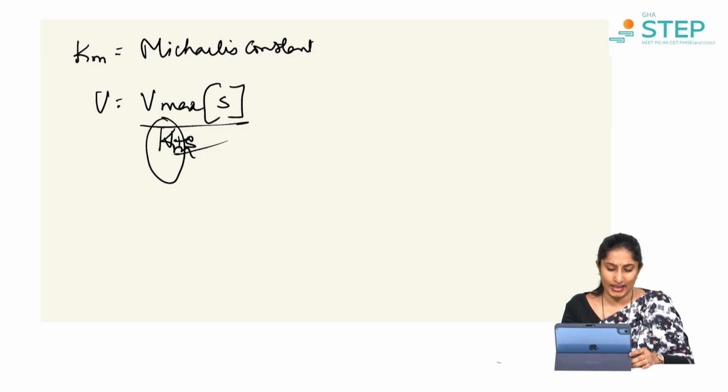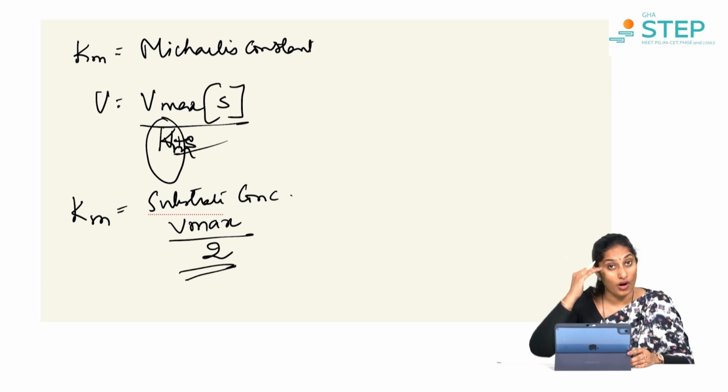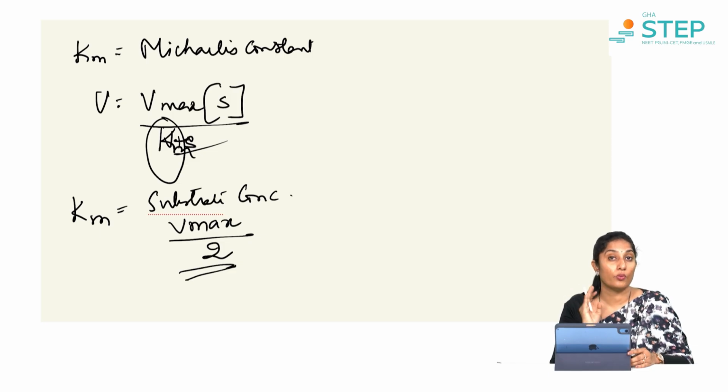So, what does Km suggest to us? Km will suggest the substrate concentration when the velocity has reached half of the maximum velocity. So, substrate concentration at half maximum velocity is referred to as Km.